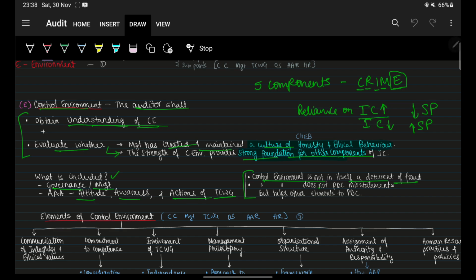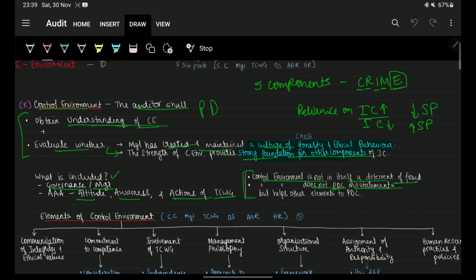Next, control environment does not prevent, detect, or correct misstatements.